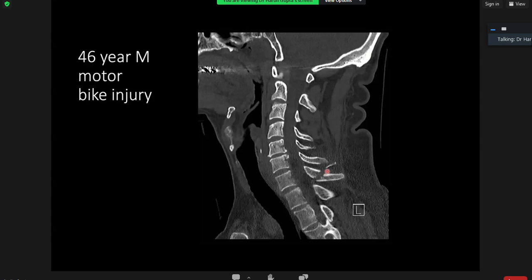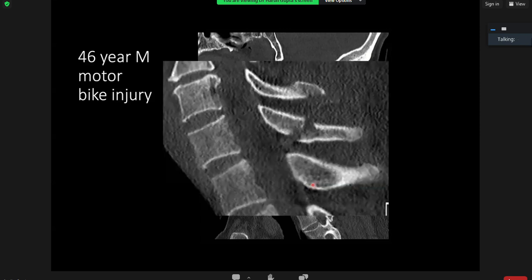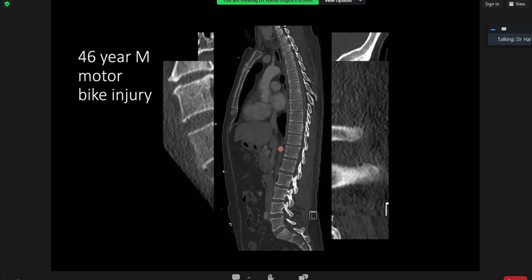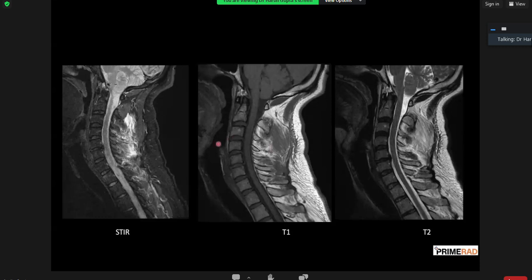If you look at the orientation of the spinous process fracture, likely the fracture line was extending anteriorly. There were no other fractures in the spine. The whole spine was screened, and the patient was recalled for MRI examination.